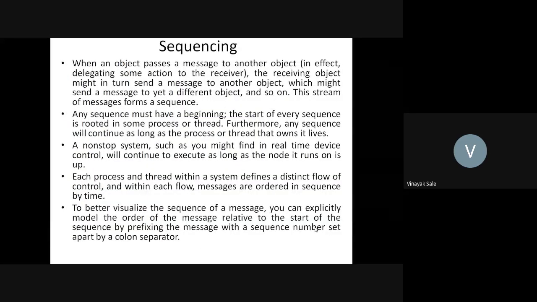Then sequencing: when an object passes a message to another, in effect delegating some action to the receiver, the receiving object might in turn send a message to another object, which might send a message to yet a different object, and so on. This stream of messages forms a sequence. Any sequence must have a beginning. The start of every sequence is rooted in some process or thread.